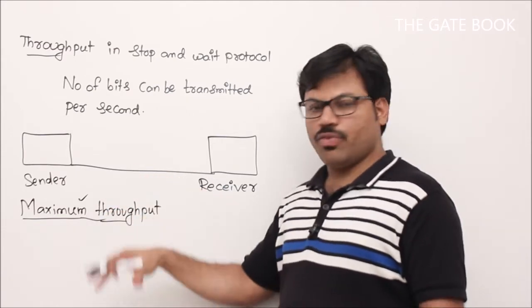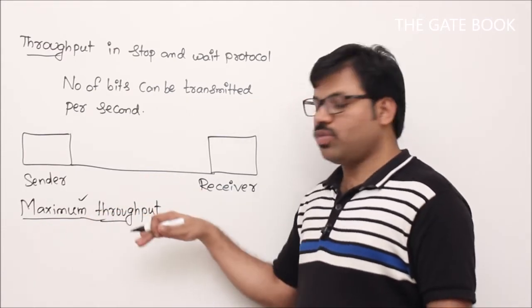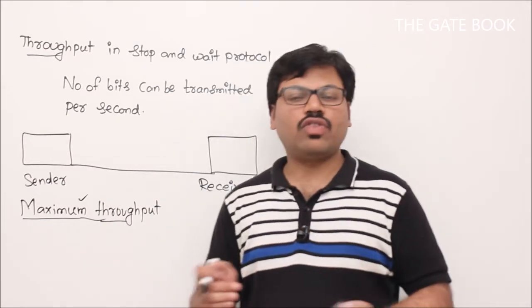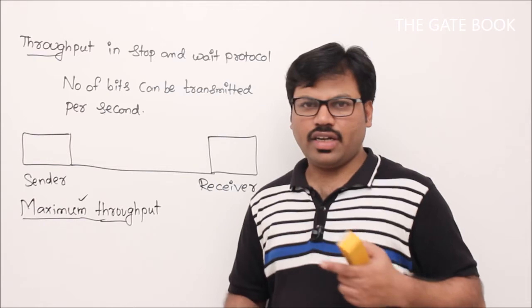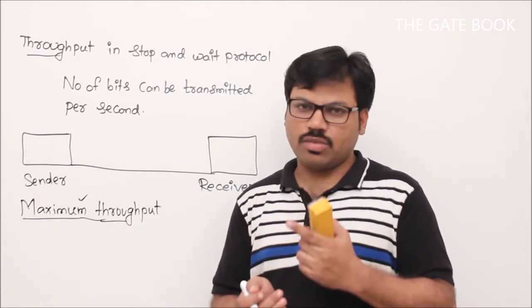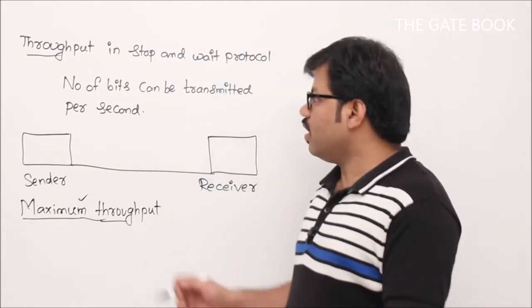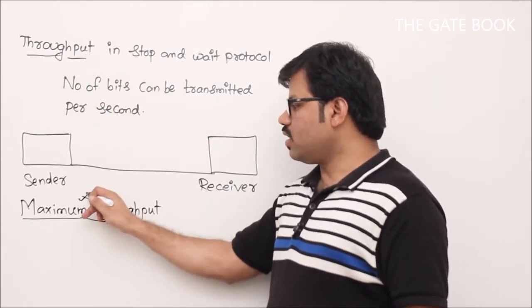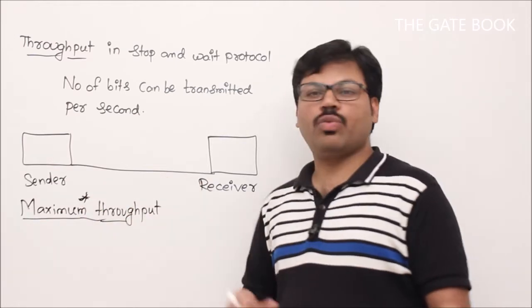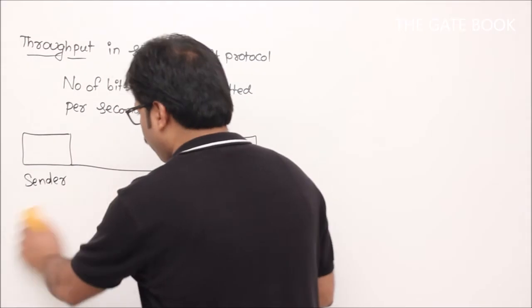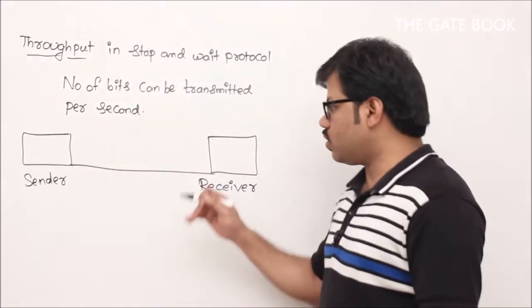In our problem we are going to calculate what is the maximum throughput we can achieve. Understand? In the utilization thing also, what was the formula? T by T plus 2 into propagation delay, right? That is the maximum utilization possible in stop and wait. Similarly here, whenever I say throughput, our intention is what is the maximum throughput we can achieve. For that, no errors should be there.